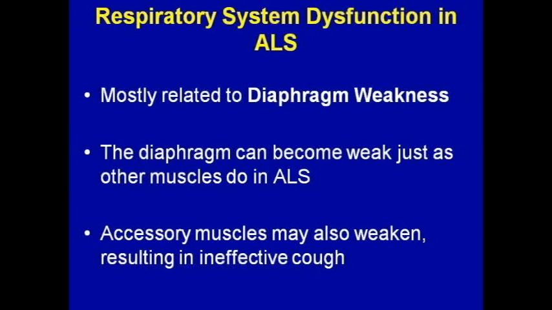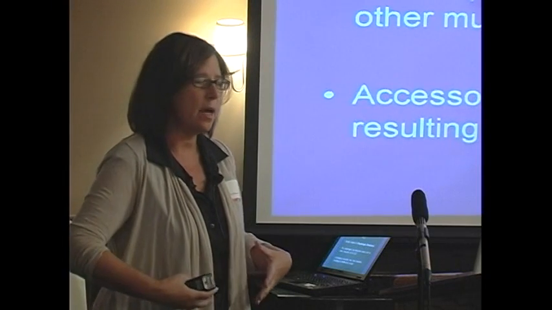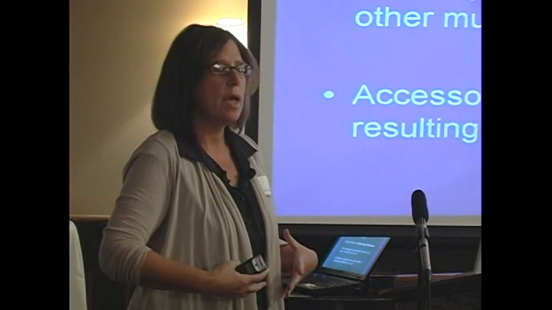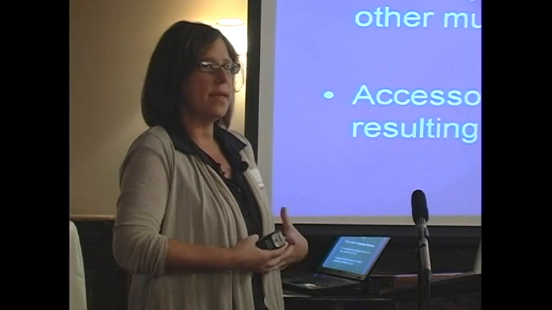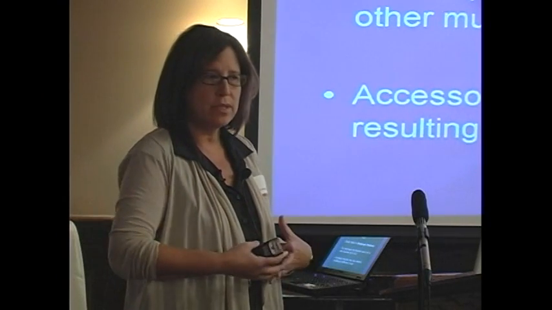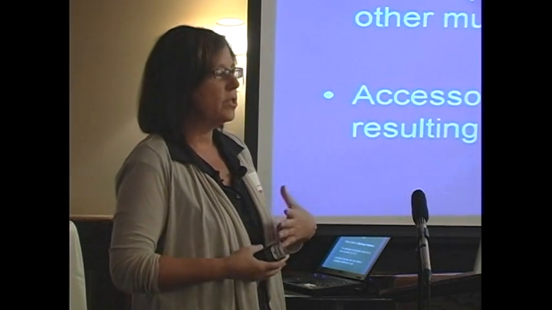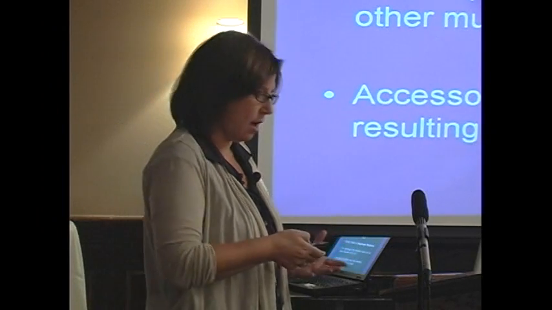The diaphragm can become weak just as any other muscle can become weak in ALS. The accessory muscles, the ones I talked about, like between the ribs or the abdominal muscles, can also become weak. That doesn't matter in terms of taking a breath in, but it can result in difficulty coughing, which isn't a problem unless you need to cough.